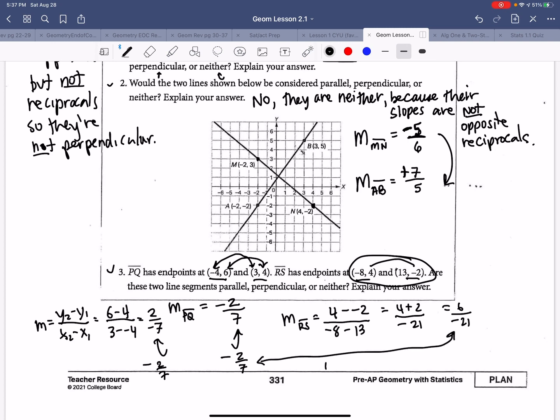These are not opposite reciprocals, so no. And they're not the same, so neither. They are not the same and are not opposite reciprocals.